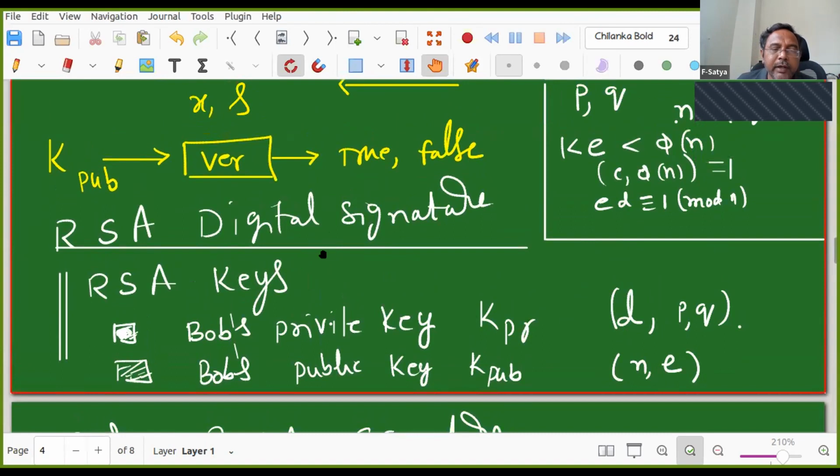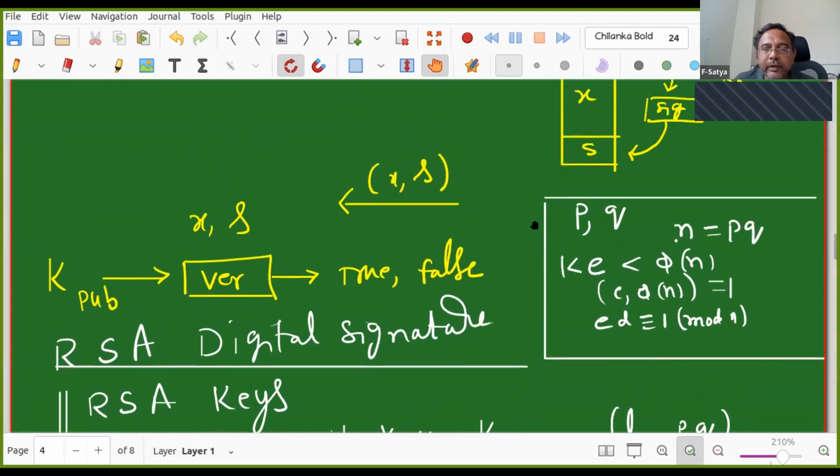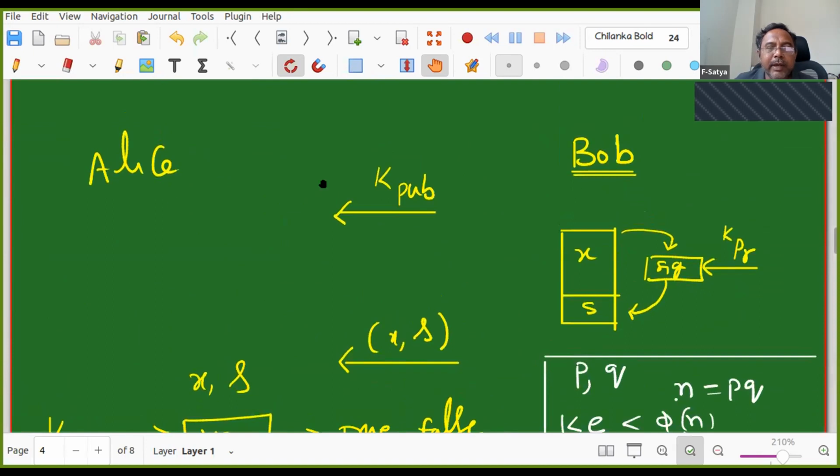My question is, what is the advantage of choosing different Ds or different Es? See, so far we have seen Bob and Alice, but Bob and somebody else may also be there, and he also wants to send a signed message.